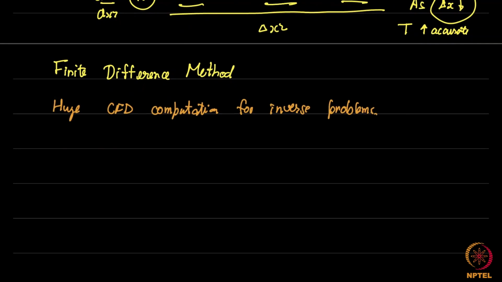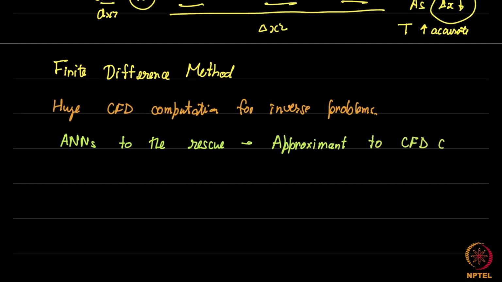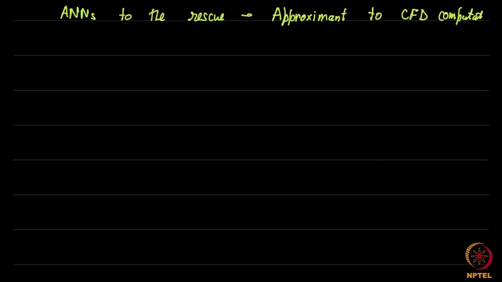Now, here is where ANNs come to our rescue. So, ANNs to the rescue. How so? You use an approximate solution to the CFD computation. Now, how can we do this? The idea is like this.